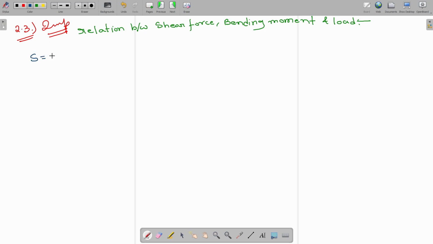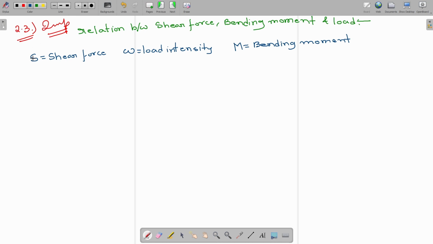Say, S is the shear force, W is the load intensity, M is the bending moment. Now, about the relationship.